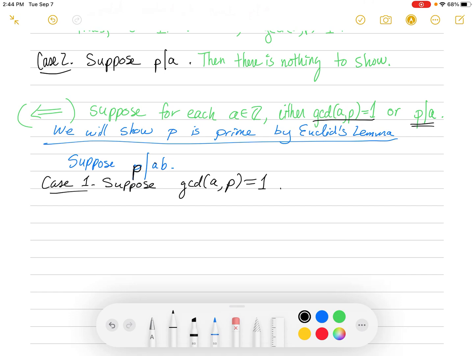So if P divides AB and the GCD of P and A is 1, then that means by theorem 1.4, P divides B. That's sometimes called the generalization of Euclid's lemma. Okay, so we've shown P divides B. The other thing we would show is or P divides A, so that would be case 2.